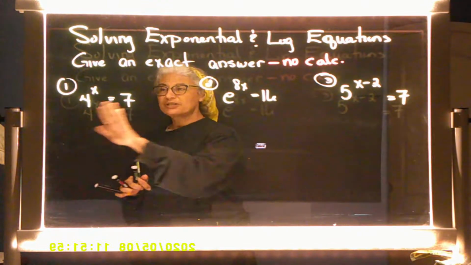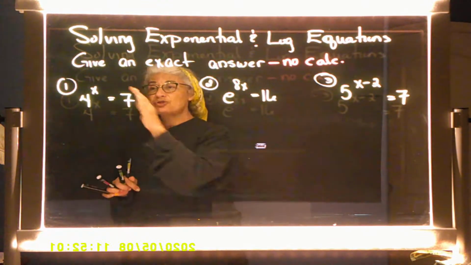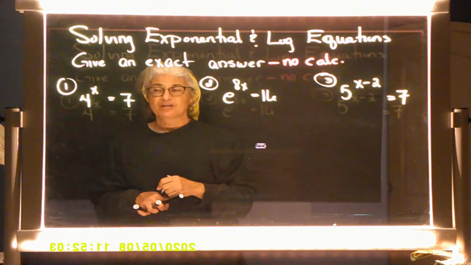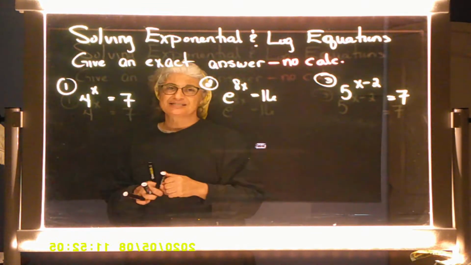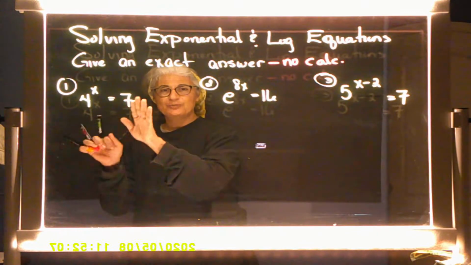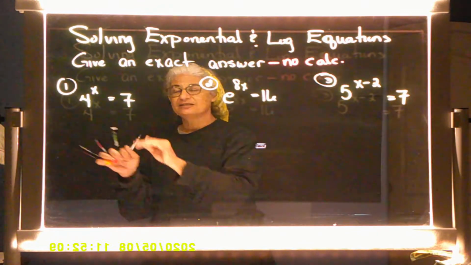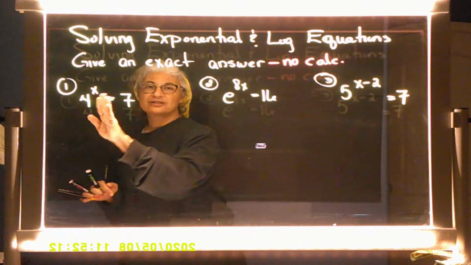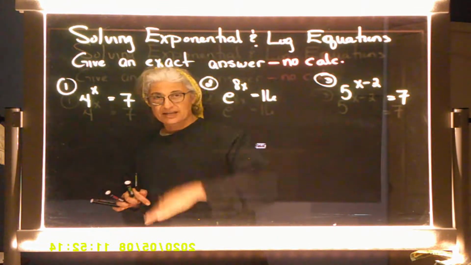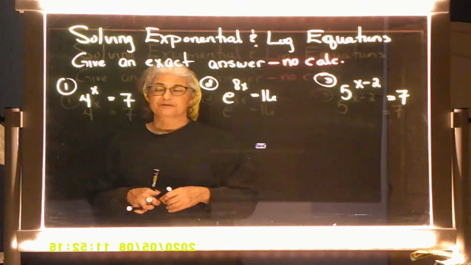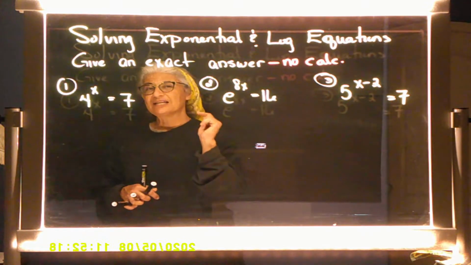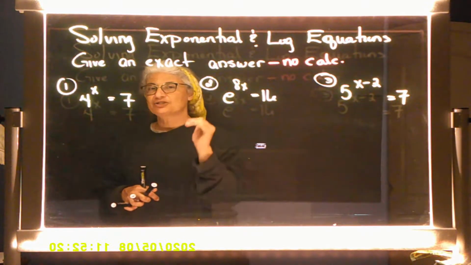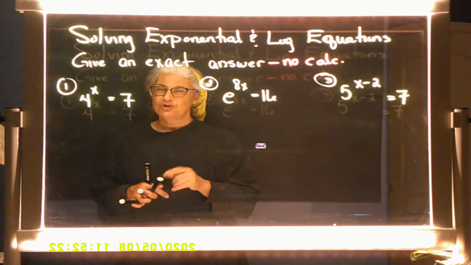Okay, so let's look at problem number 1. I'm trying to solve for x, agreed? But that's in the power position, isn't it? Which means this is an exponential function, right? Okay, so I need to knock this 4 out from under it so the x can fall to the ground, so to speak. Okay, so what's the inverse of an exponential function? Hopefully you said it.